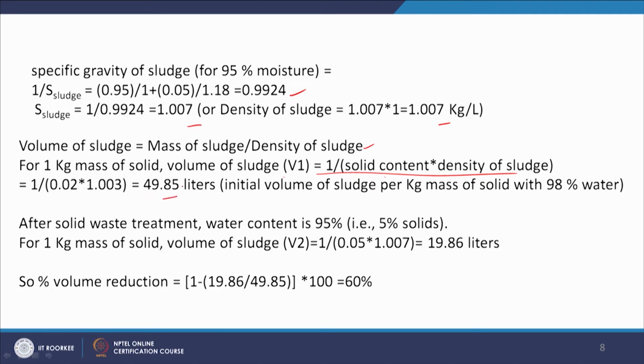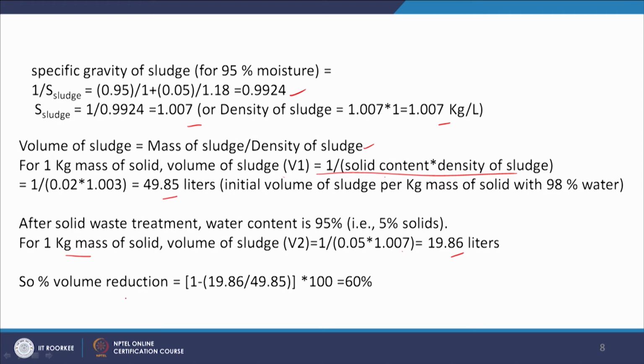So, we get the volume of sludge for the first case as 49.85 liters. Okay. So, for the second case, when we have 95% water, the volume of sludge for 1 kg mass of solid, from the same formula, is 1 by 0.05 into 1.007. So, that is equal to 19.86 liters.